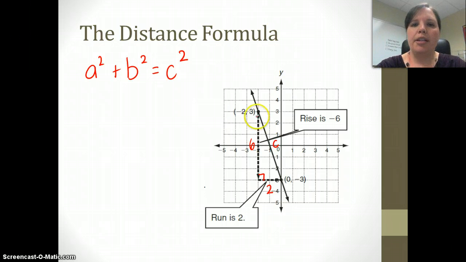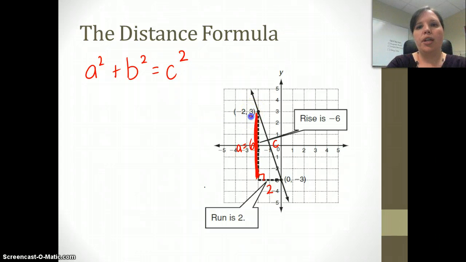What you want to think about is, okay, this 6 number. How could I have gotten this 6 number? Or in other words, my a value. Well, that comes from, look at your 2 points here. That comes from the 2 y coordinates. So the up and down motion, the rise motion, has to do with the y coordinates. So what would you do with those y coordinates to get the 6 or the -6, because when you square it, it doesn't really matter?